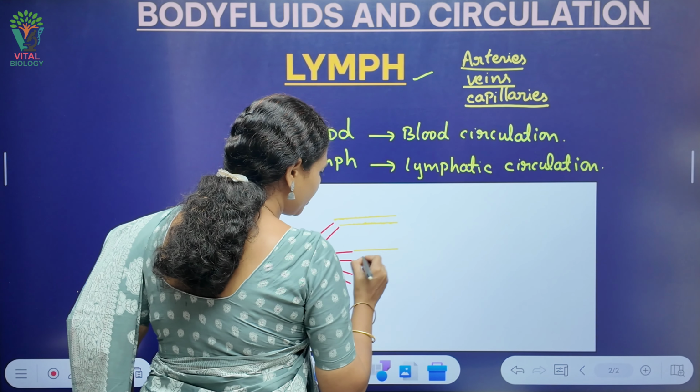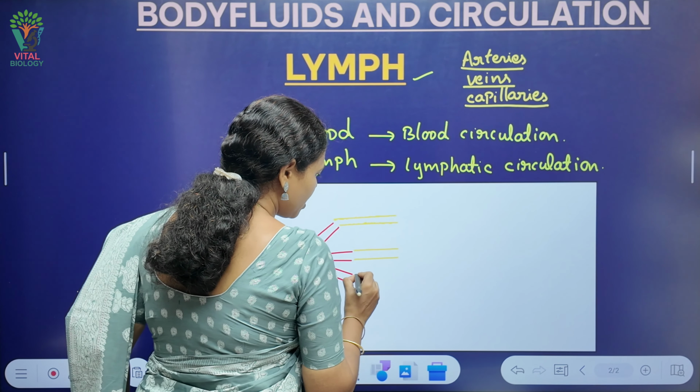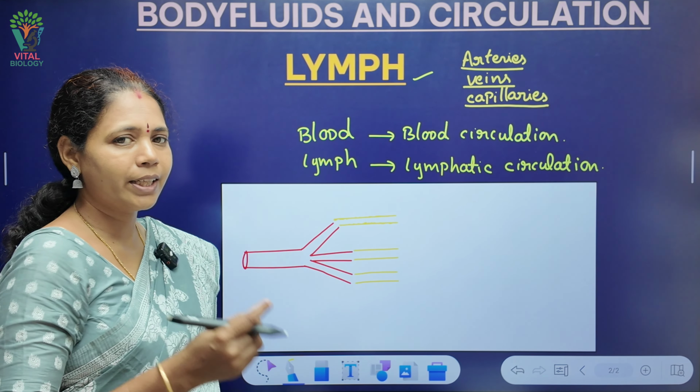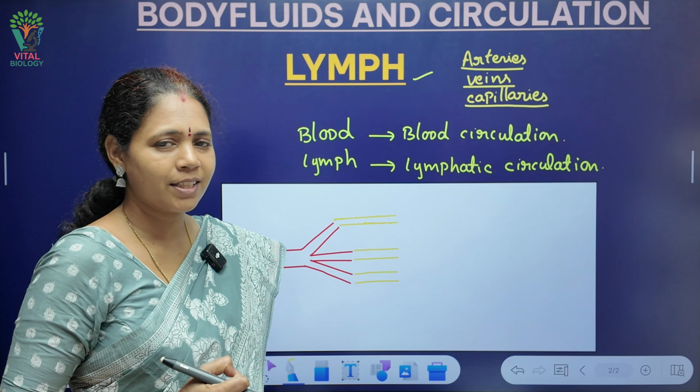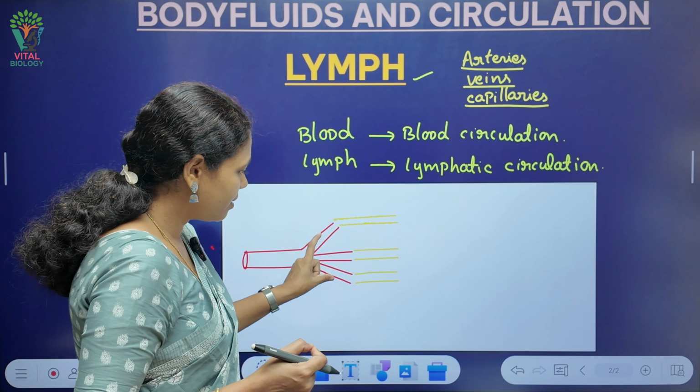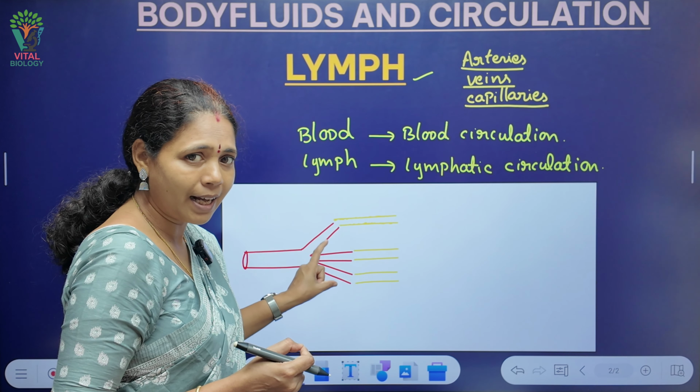Suppose this yellow color which I am drawing represents the blood capillaries. These are the minute blood vessels, connected with the branches of the artery, the arterioles.